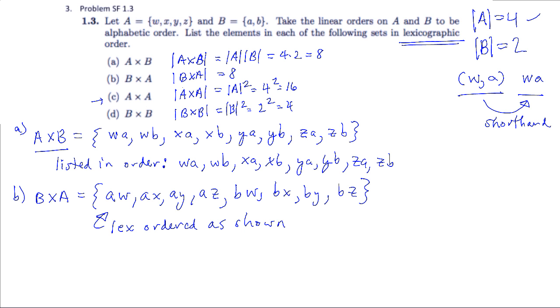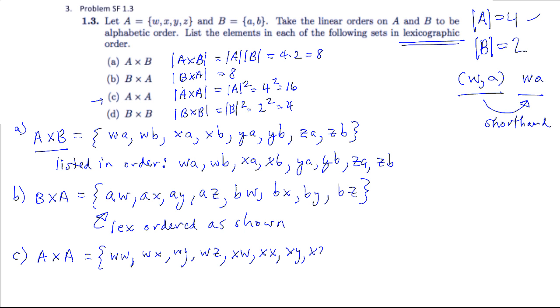Okay, part C, this is the one that's going to have a lot of elements in it. It's going to have 16 elements. A cross A is going to be WW, so I'm going to start with the W at the beginning, WX, WY, WZ, then I move on to X, XW, XX, XY, XZ, so this is pretty straightforward, I hope you see.